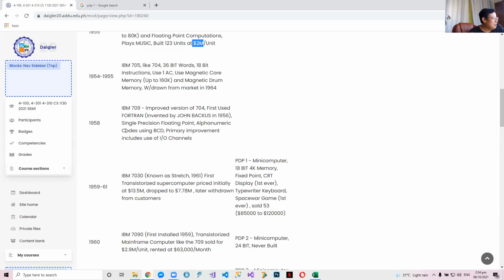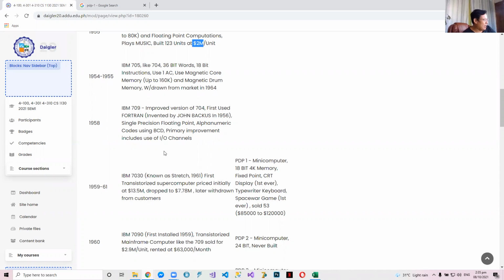Okay? Because of using the BCD code, binary coded decimal. Now our computers nowadays can manipulate characters, no? Because we have the ASCII code. And this is the first computer that uses a third level programming language called Fortran, formula translation by John Backus, 1956.